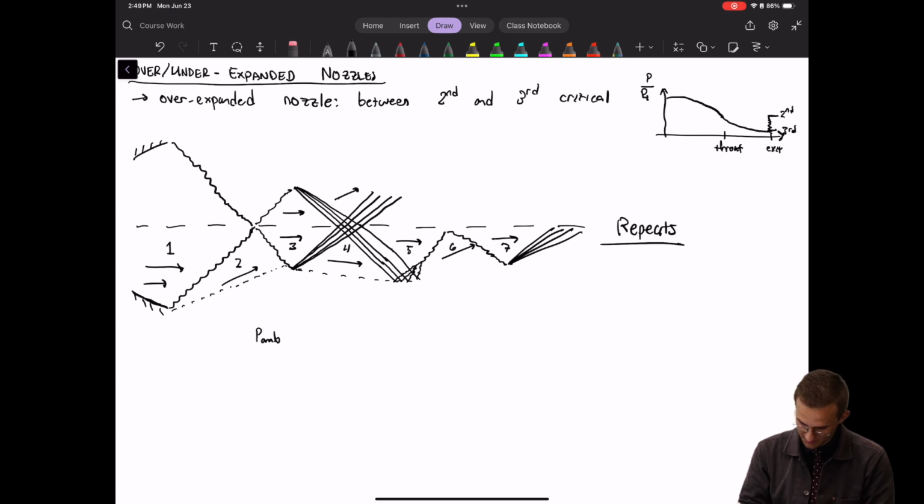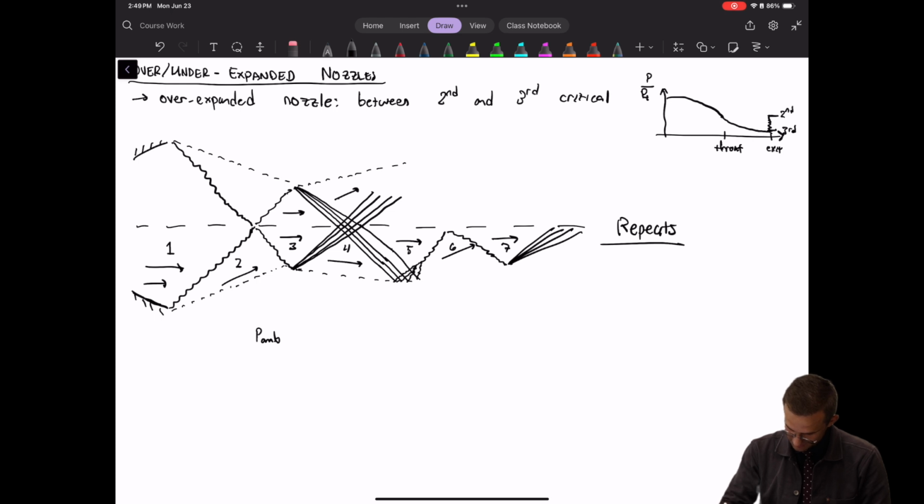So let me go ahead and do my best here to draw the mirror image on the other side. So these guys continue. And then they all form, that's so bad. Here, let me erase this.